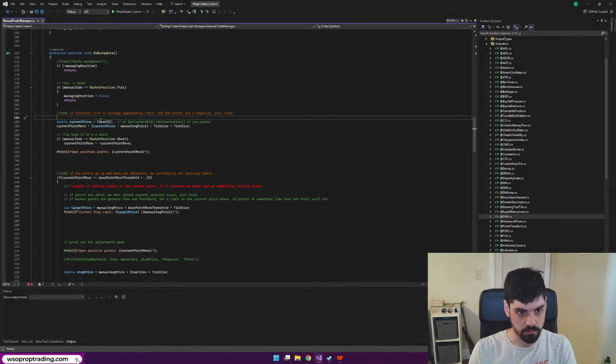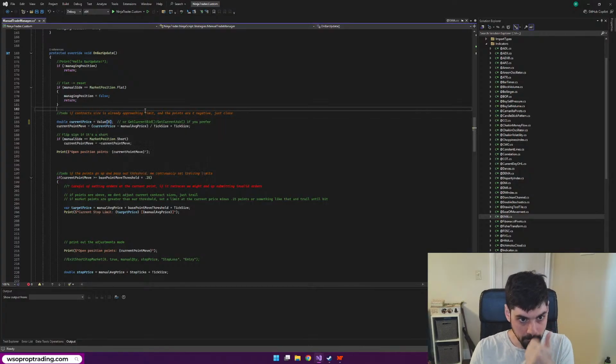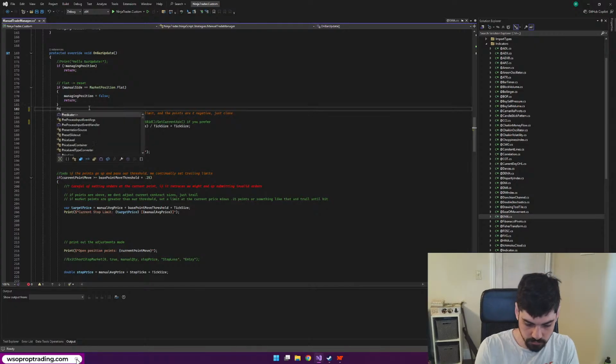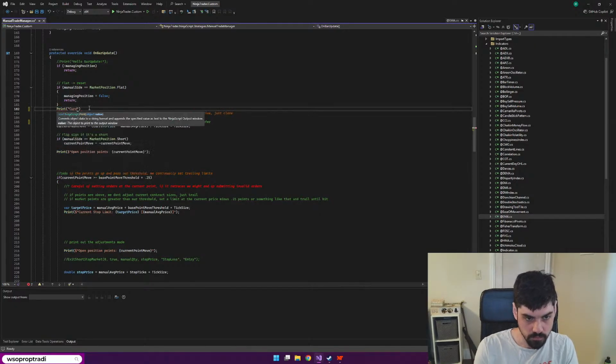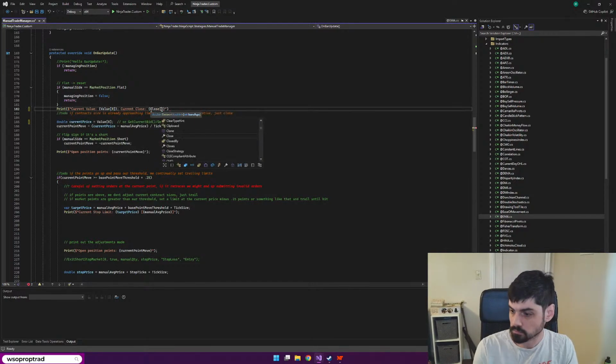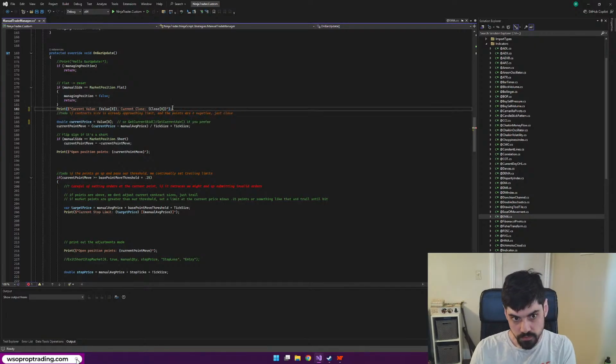I want to try value too, though. So this may be why some of the tick calculations were a little off, I think, because we're using close instead of value.